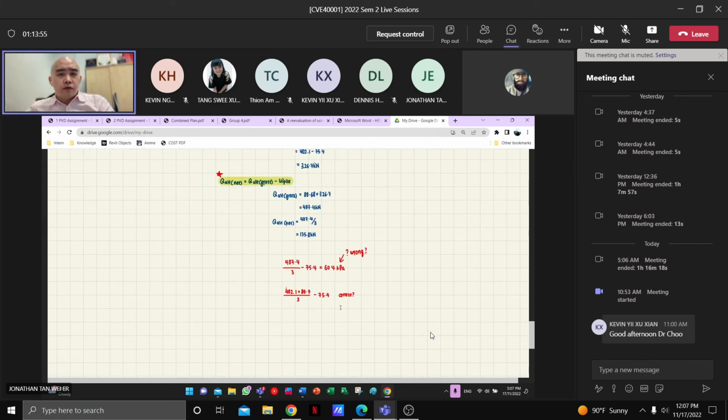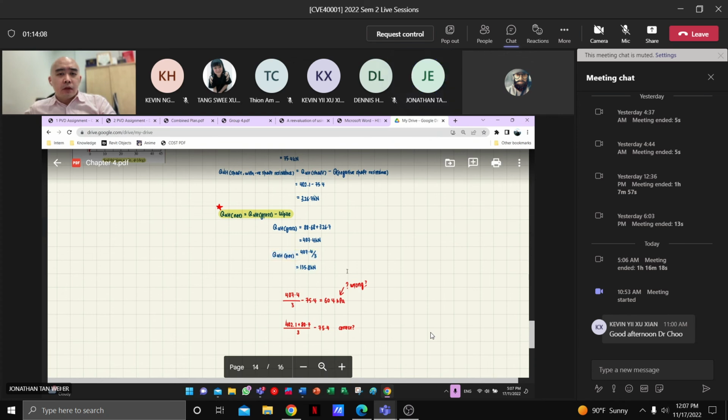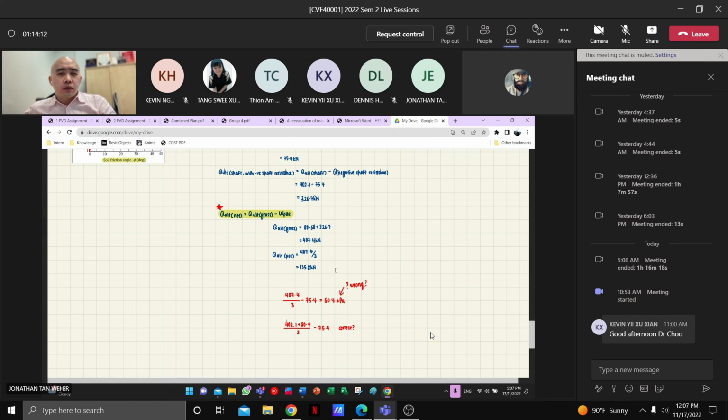So now you have calculated using the net. It shouldn't be net. You mean this one? Yeah, because it's asking for the gross. I thought if we divide the gross by the factor of safety it will give us the net.